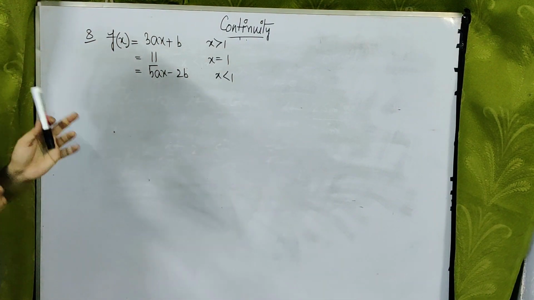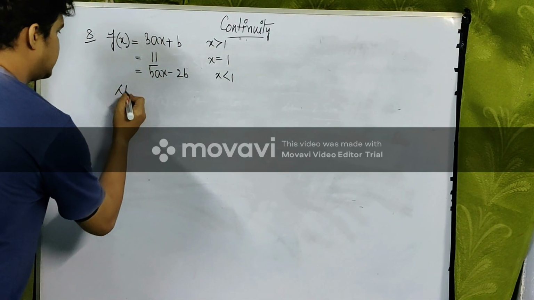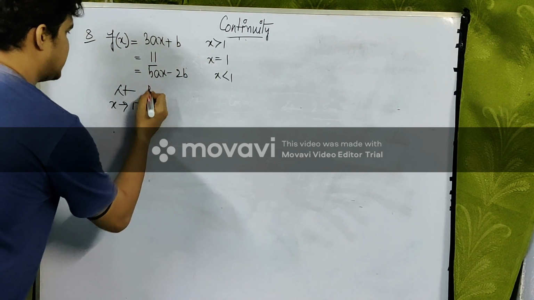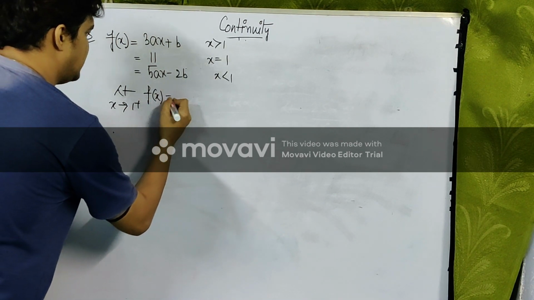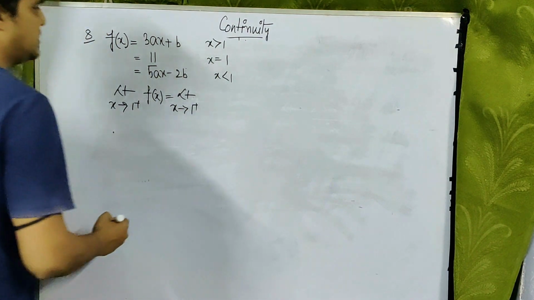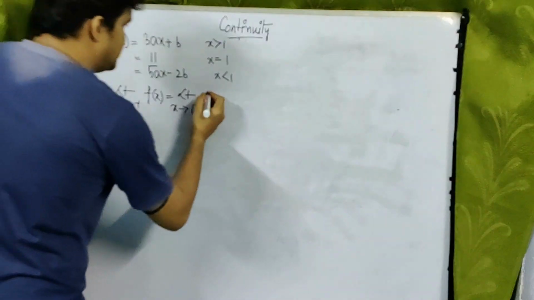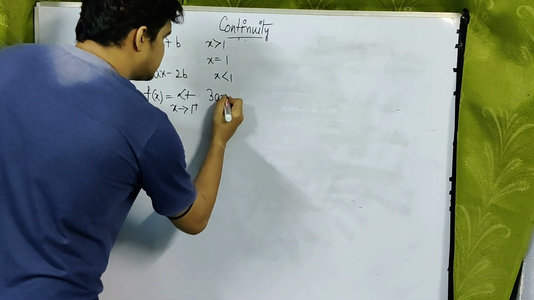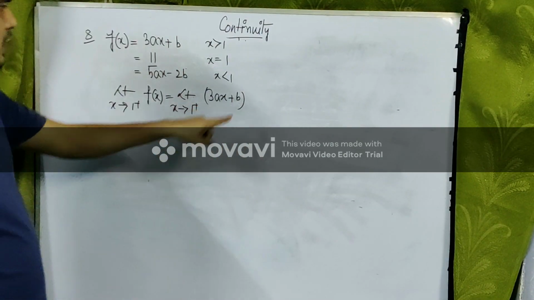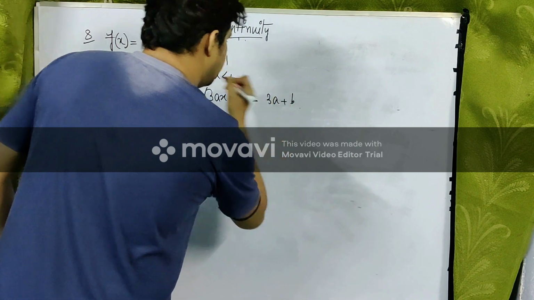Because this function is continuous, first of all we'll apply this: limit x tending to 1 plus fx, and that is equal to limit x tending to 1 plus. How is it defined when the value of x is greater than 1? 3ax plus b. Now if we put x equals 1 in this equation, what do we get? 3a plus b.